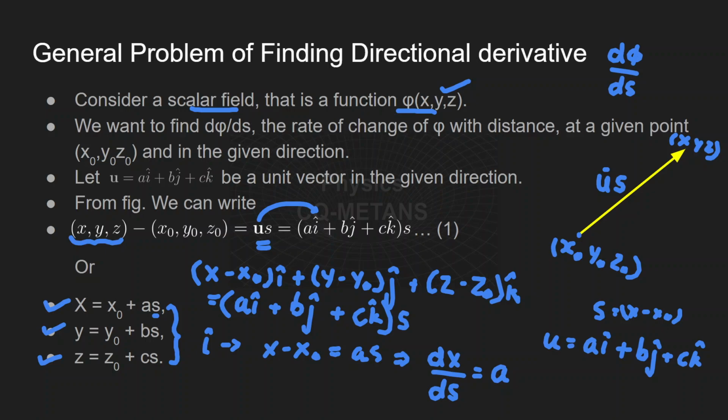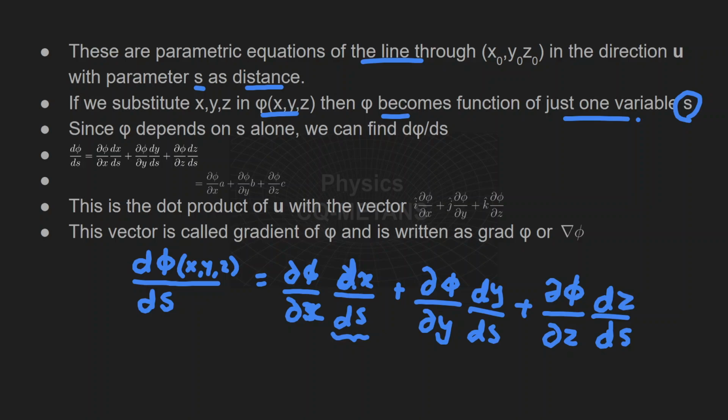Similarly, dy by ds is b, and this part is c.